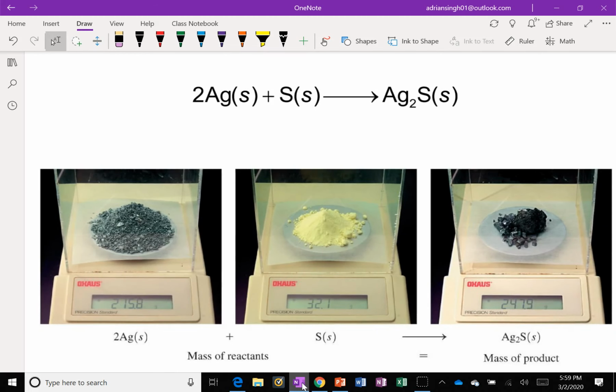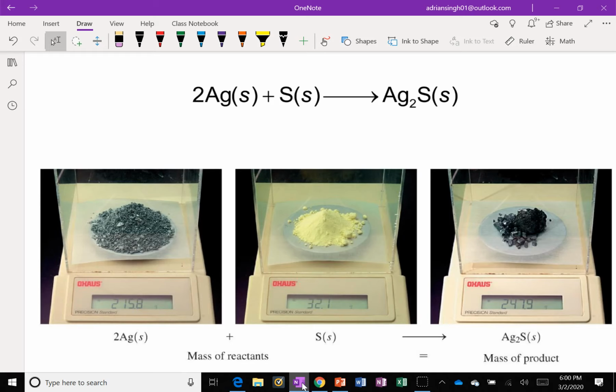If you measure out 215.8 grams of silver on the left, and add it to 32 grams of sulfur on the reactant side, we just add these two masses together and we get the total mass of the product. We combine these, so there is no loss of mass and no gain of mass. That is what the conservation of mass, or conservation of matter, actually means.